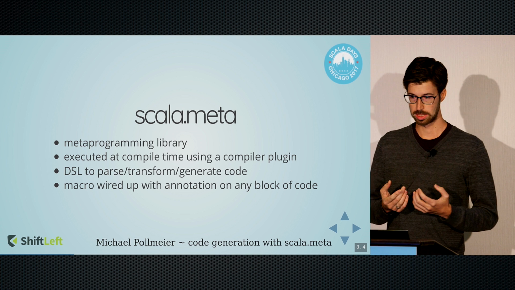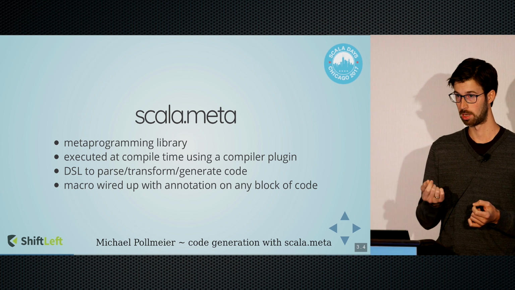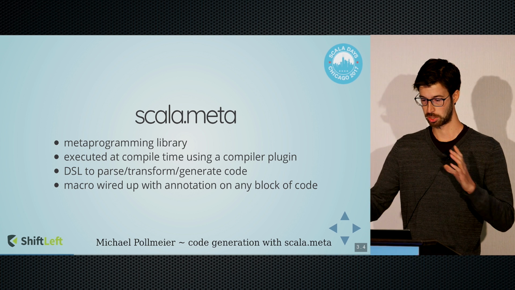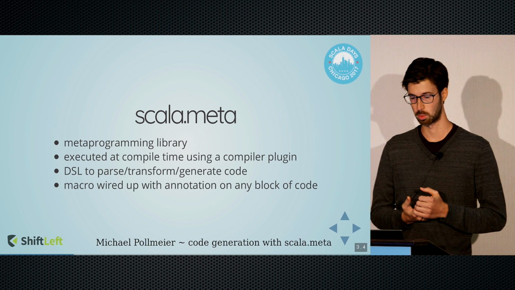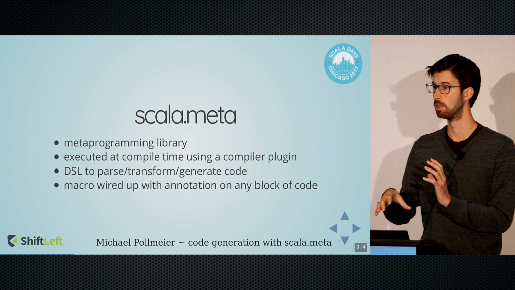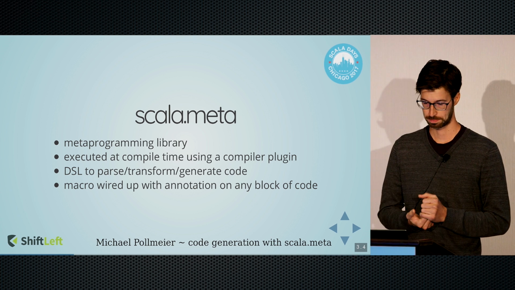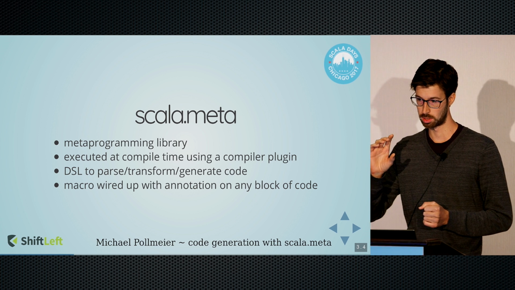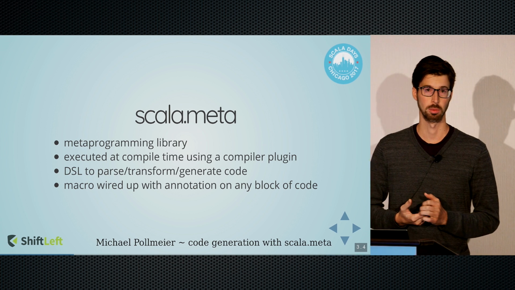The way it works is at compile time, that's executed with a compiler plugin. And what you get is some of these scalameta case classes. The domain model, we'll see exactly what that means, and you need to return one of those as well. But in between, you can do whatever you want in normal Scala code, almost. And the way this is wired up is using macros. At least that's the way that I'm going to show you.